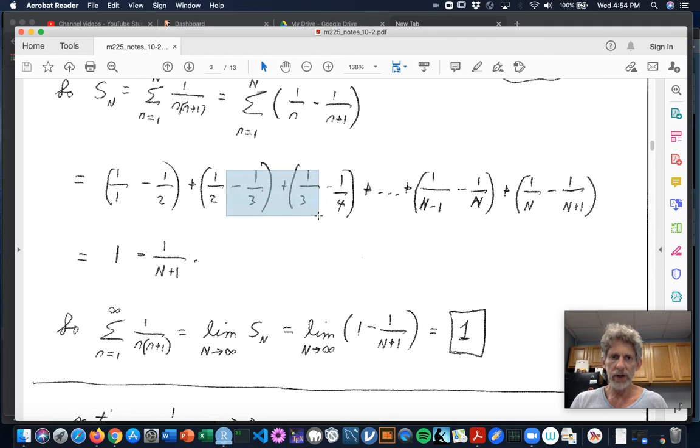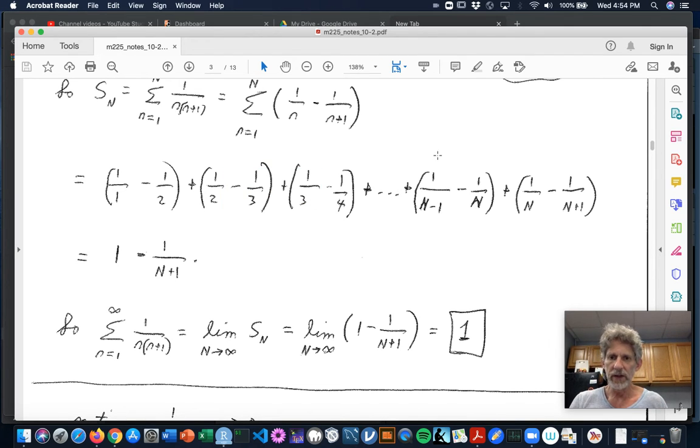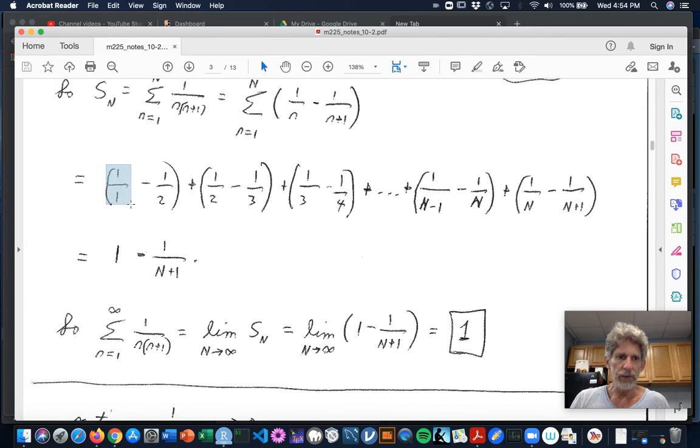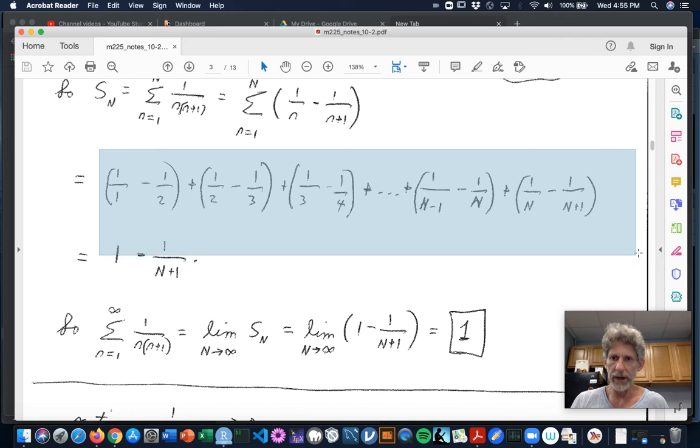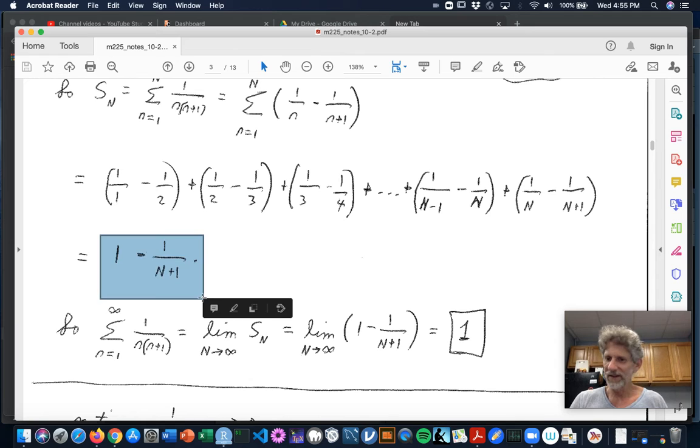The second part of the second term cancels with the first part of the third term. And that pattern continues all the way up to the second part of the next to the last term canceling with the first part of the last term. The only things that aren't going to cancel are the first part of the first term and the last part of the last term. And so the whole sum, that big sum, actually just telescopes down to this.